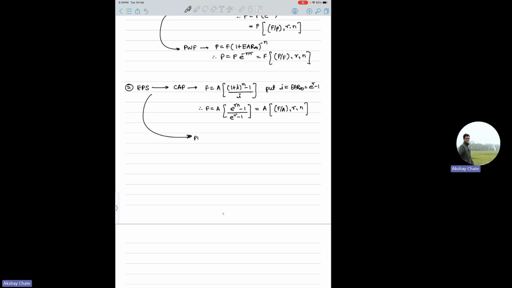Okay. So this, present worth factor, then that will be between A and F, right? One second. No, no. See, A and F is capital recovery.